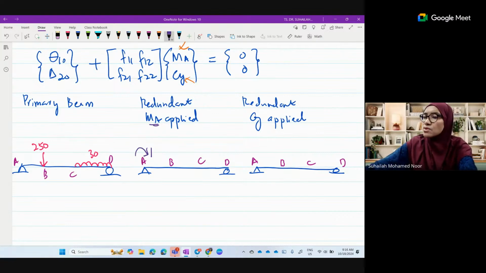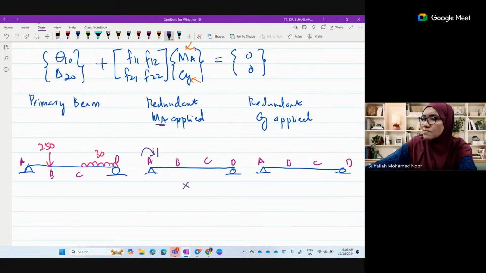A unit value. So the whole system means a unit value of MA. So in redundant MA applied means it is a simply supported beam subjected to a unit value of MA.